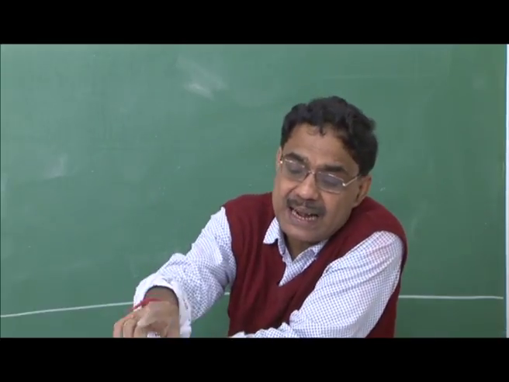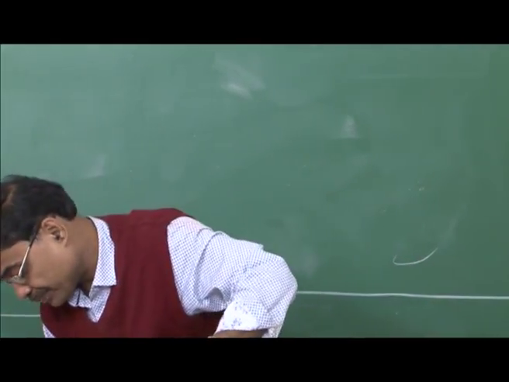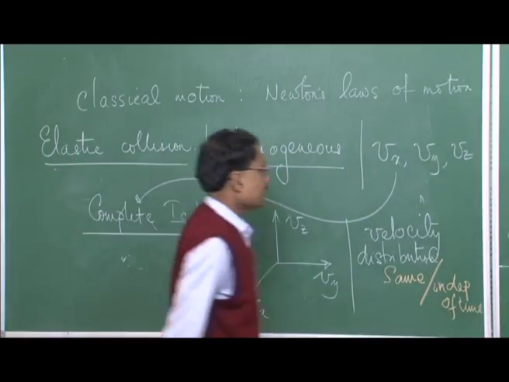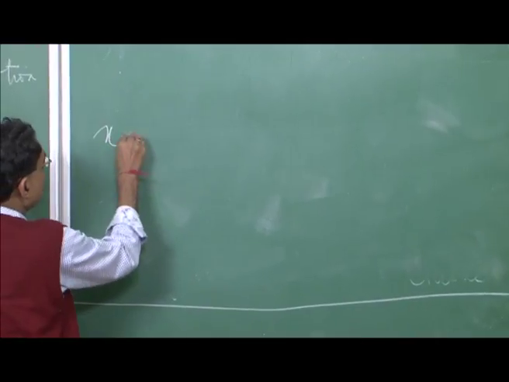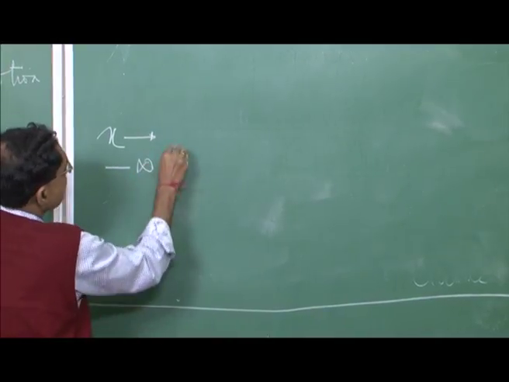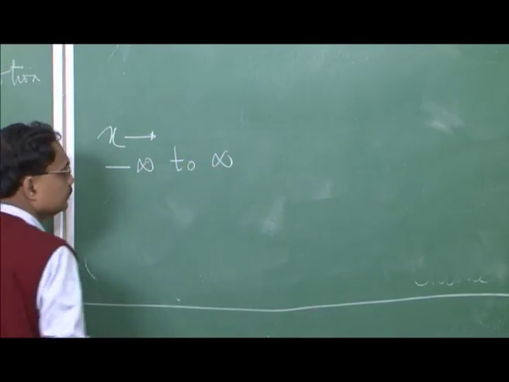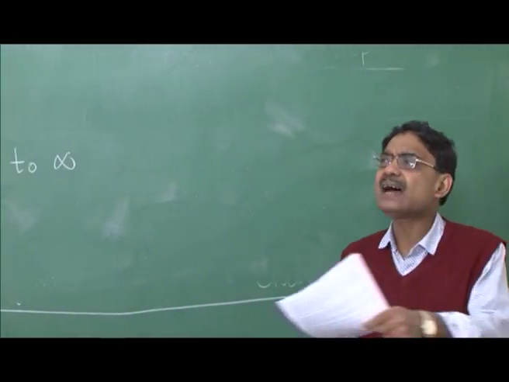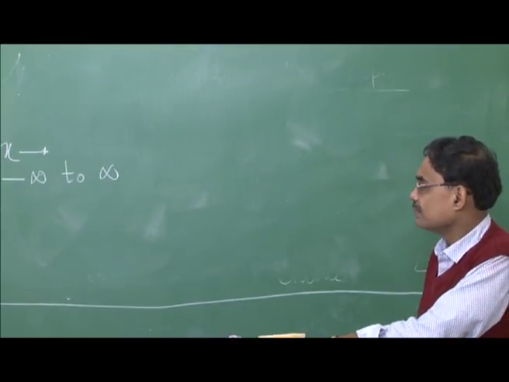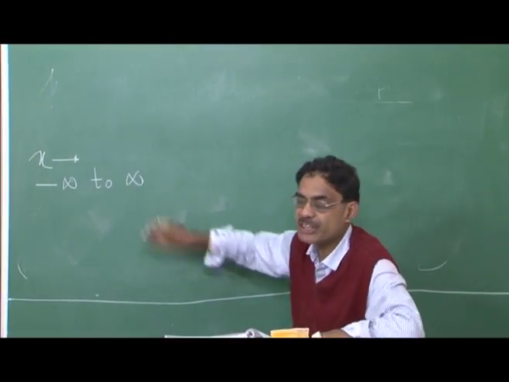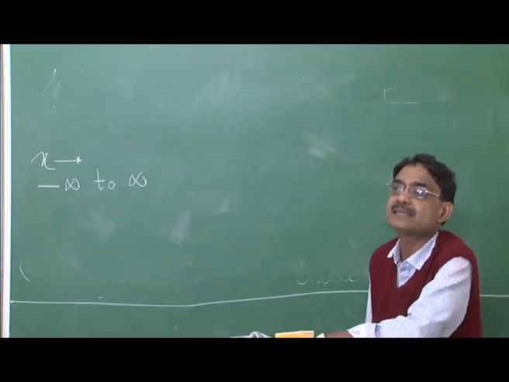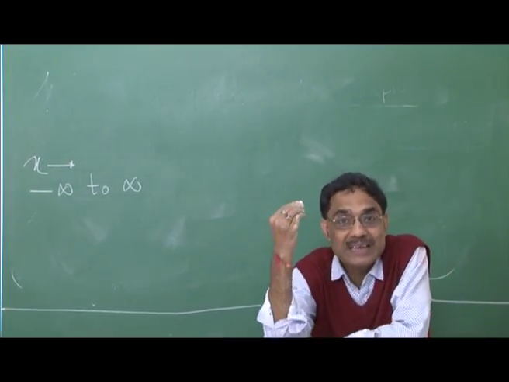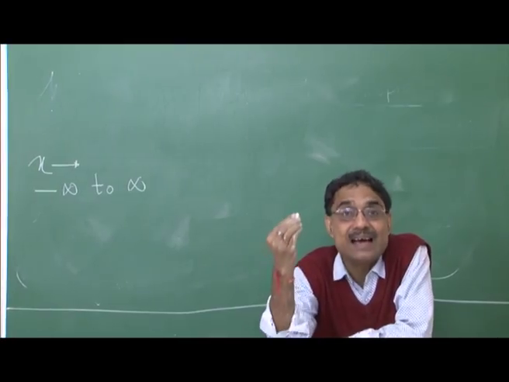Let us take a simple random variable x, which can take any value from -infinity to +infinity. You may ask me, what is the average value? I say this information, that x goes from -infinity to +infinity, is not sufficient to tell what the average value is.